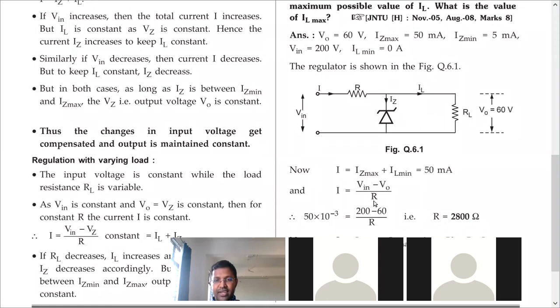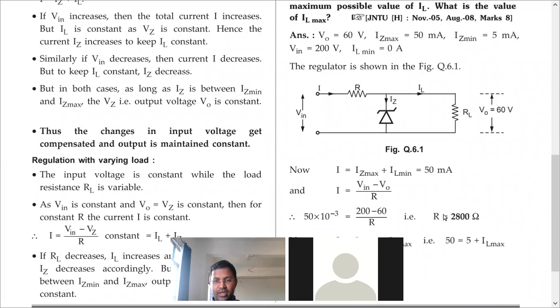From that we can find R. I we are putting here, this Vn 200 we are putting here, V output 60 we are putting here. R will be 200 minus 60 by 50 into 10 power minus 3. If you simplify, you will get 2800 ohm.